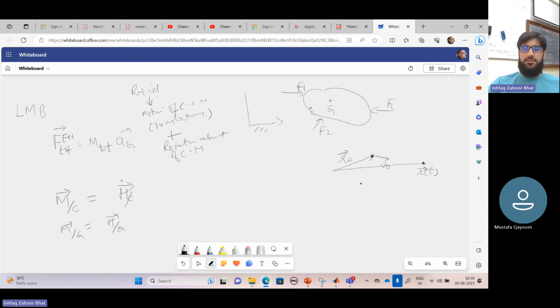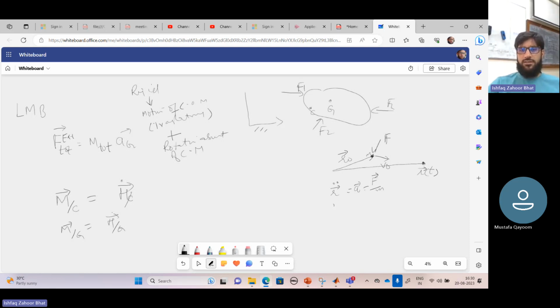So how did we do it? We did it in the reverse way. We saw that if there are some forces F, we use the constitutive law to calculate the acceleration. The acceleration was equal to F upon m, and this is nothing but r double dot.